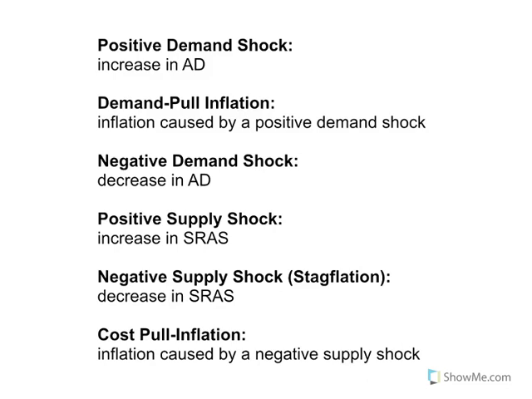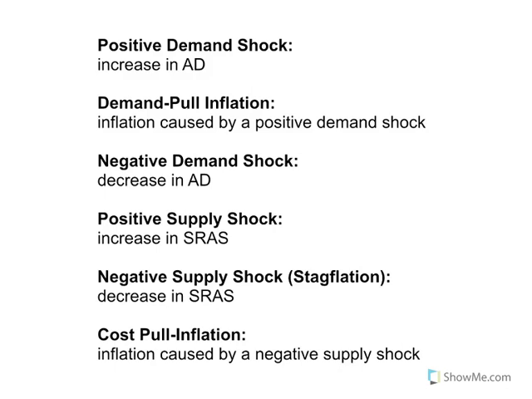Anytime that we have a curve shift in the aggregate supply and demand model, it's called a shock, because it is a shock to the system. It's a change. That's what we mean by shock. So anytime we say the word shock, we mean a change to either aggregate demand, if it's a demand shock, or a change to aggregate supply, most likely short-run aggregate supply, if it is a supply shock.